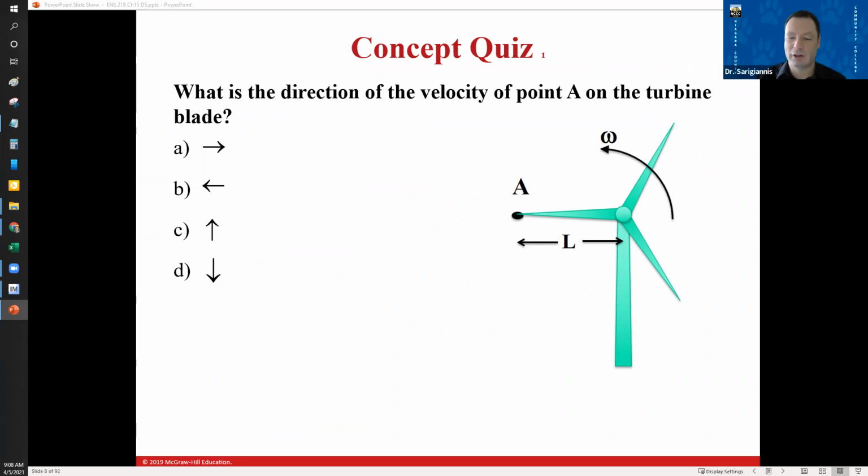This really should be kind of left over from previous work as well. It's not just based on the new information you were given.